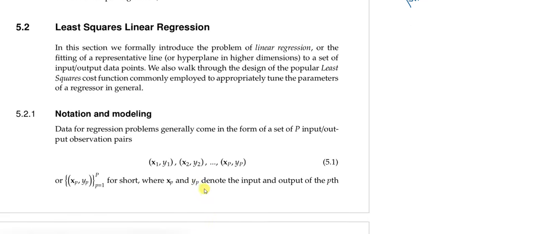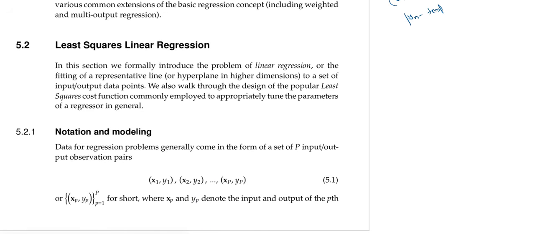So here, least squares linear regression. Linear means the expected value, here we may have a doubt: y equals ax plus b, it is a straight line, and y equals a plus bx plus cx squared, it is a parabola.